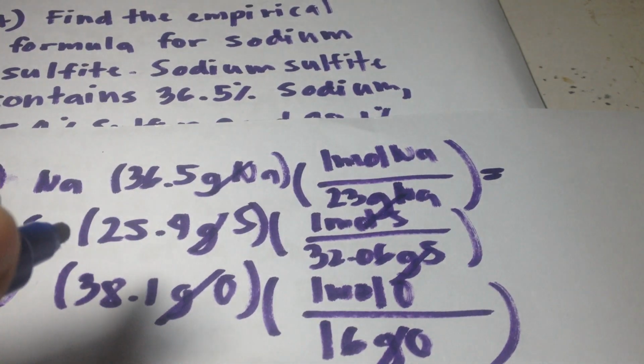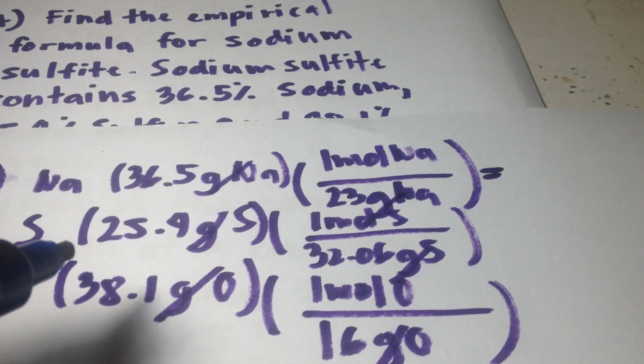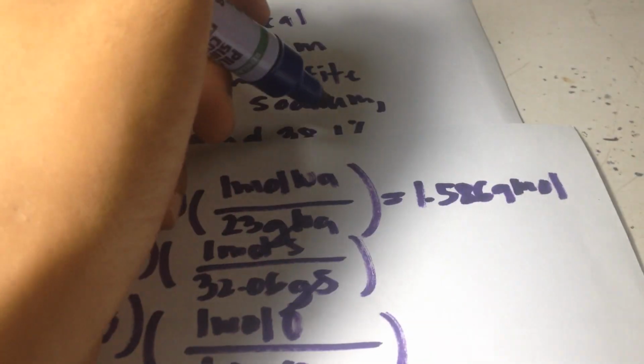So 36.5 divided by 23 is equal to 1.5869 moles of sodium.